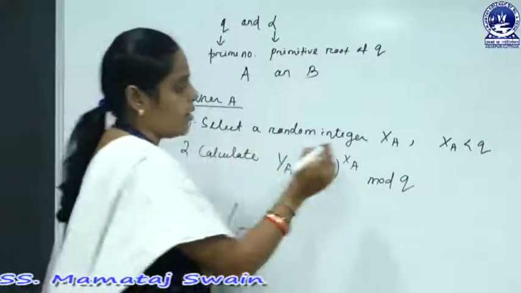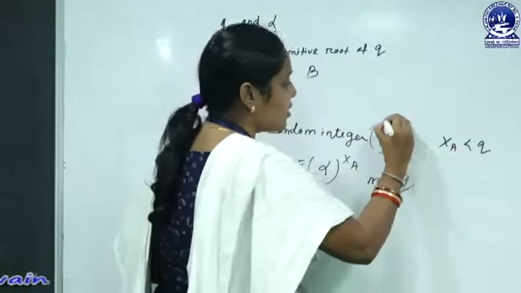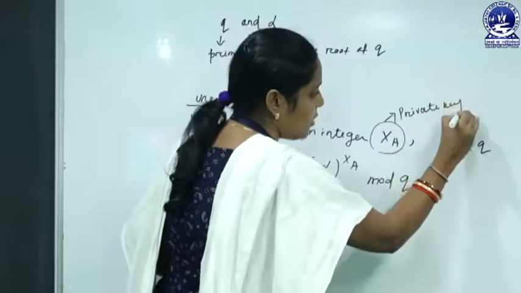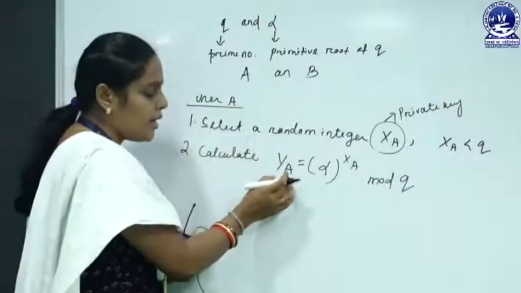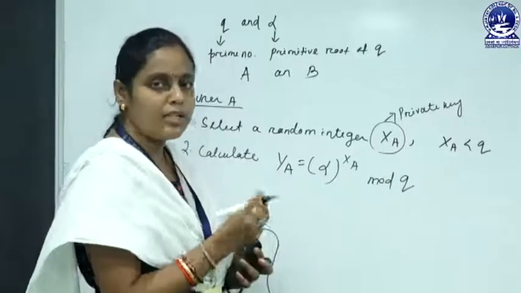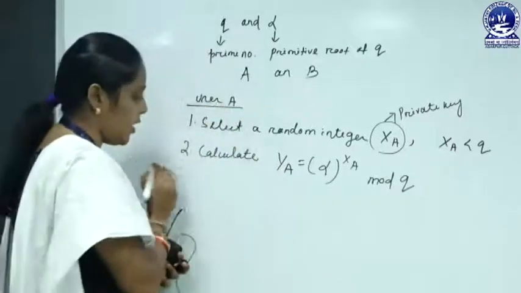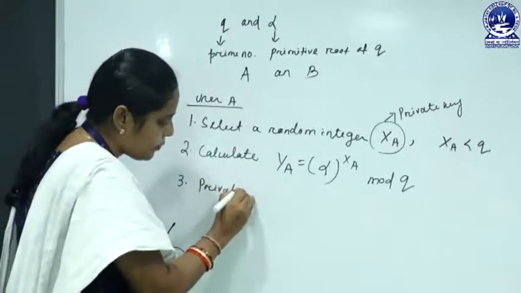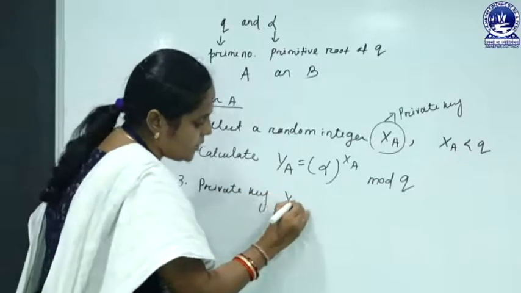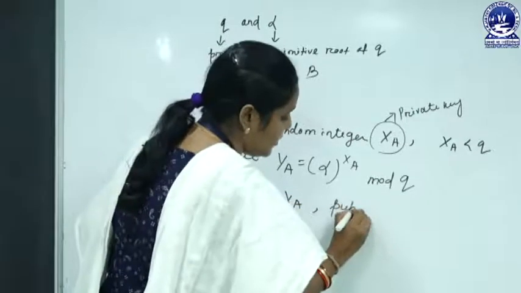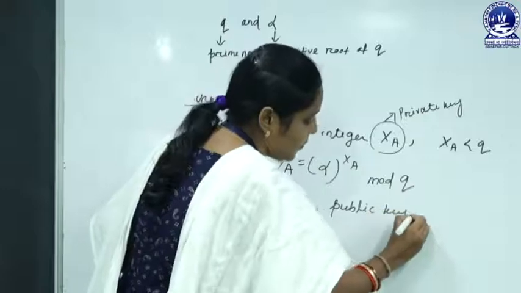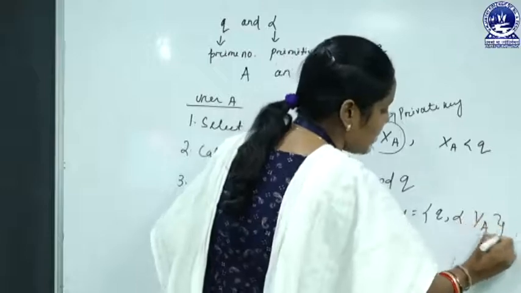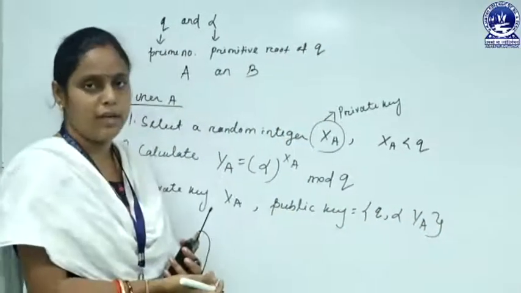Now this xa is the private key of user A, and ya is the public key of user A. That means in our third step the private key is xa and the public key contains q, alpha and ya, because q and alpha are also publicly available.